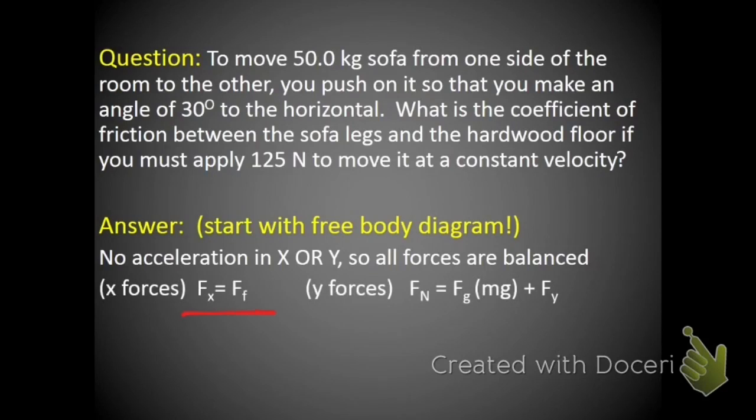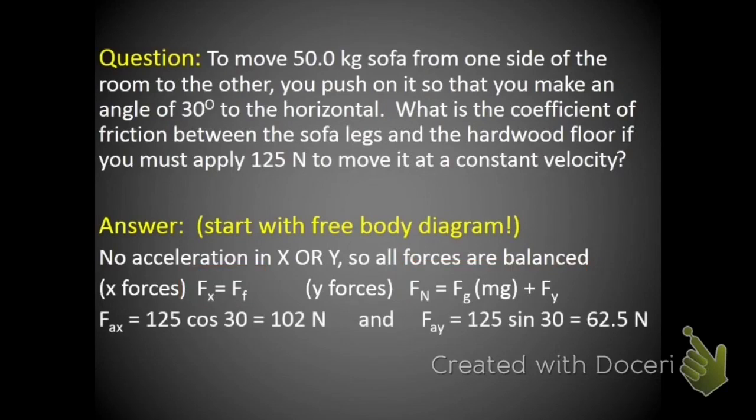So again, in the x direction, the applied force in the x direction is equal to the frictional force, and the normal force is equal to the gravitational force of the sofa plus the applied force in the y direction. The x component of the applied force, right, we got a 30-degree angle, is equal to the applied force, 125, times the cosine of that angle.